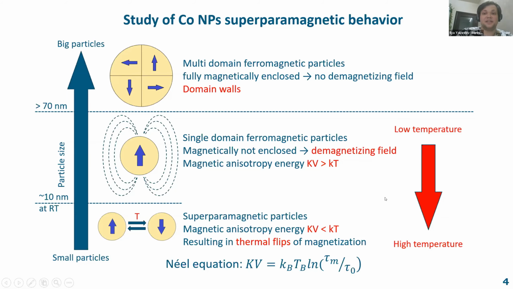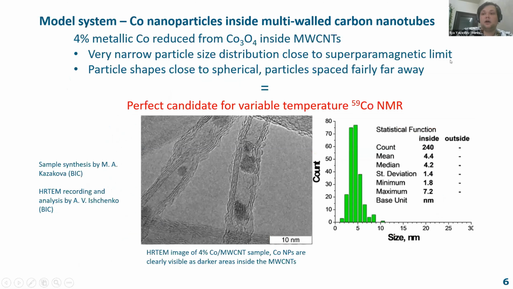thermal flips of magnetization. So in order to study this phenomenon, we have obtained what we consider a perfect candidate for such an experiment, because it was cobalt nanoparticles embedded inside small carbon nanotubes and at very low cobalt concentration.